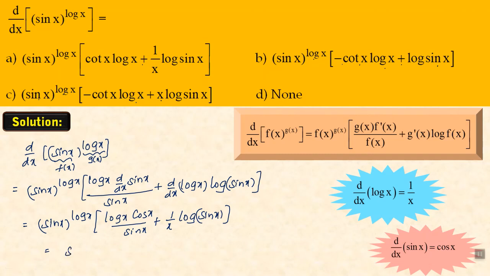This equals to sin x whole power log x into cos x by sin x, that is cot x, into log x plus 1 by x into log of sin x. Therefore, the answer is option A.